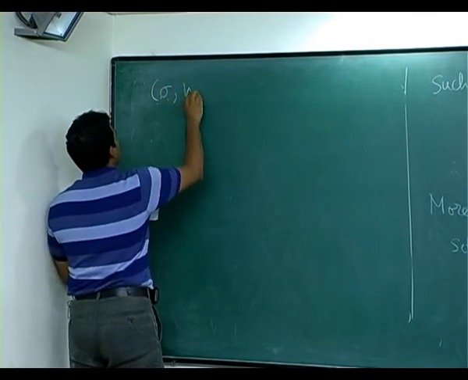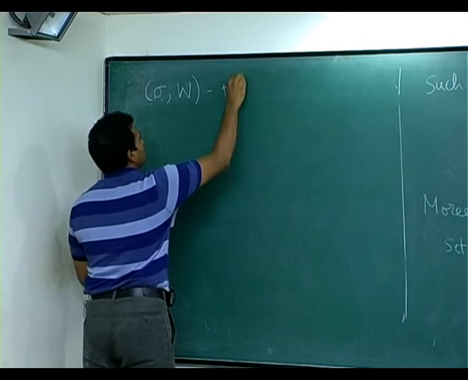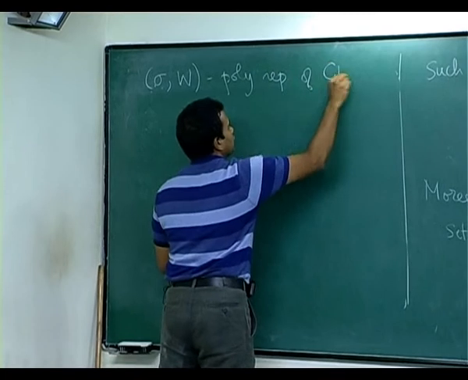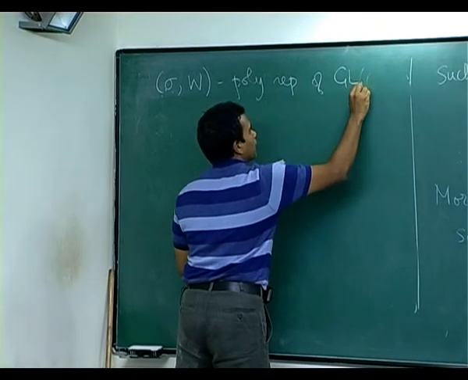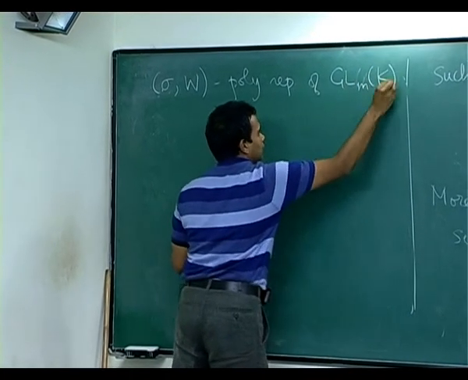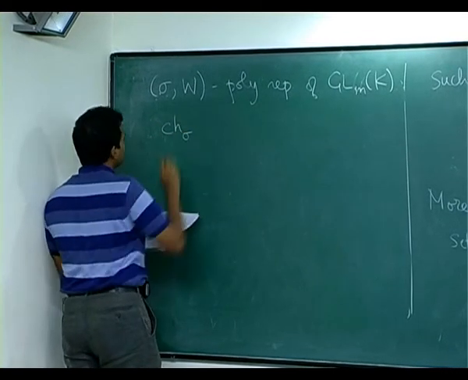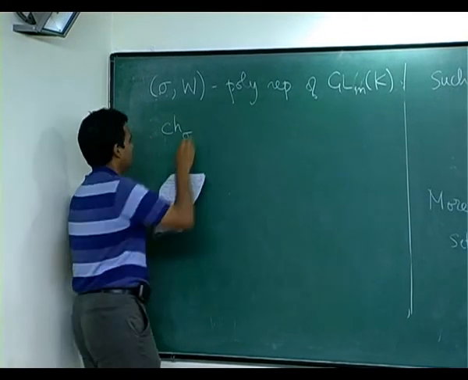Suppose sigma, W is a polynomial representation of GLm. Then I will define its characteristic.